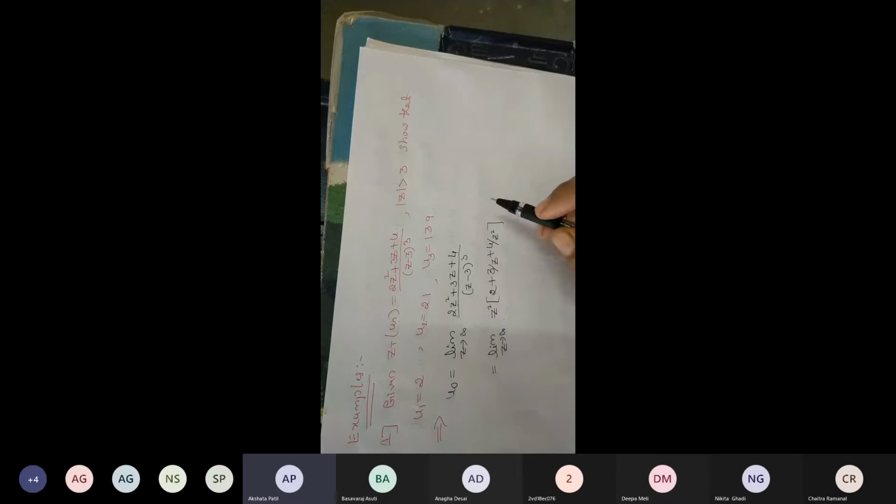Inside we have 2 plus 3 by z plus 4 by z square. In the denominator the highest power is z cube, so we take z cube outside, and inside is 1 minus 3 by z the whole cube.